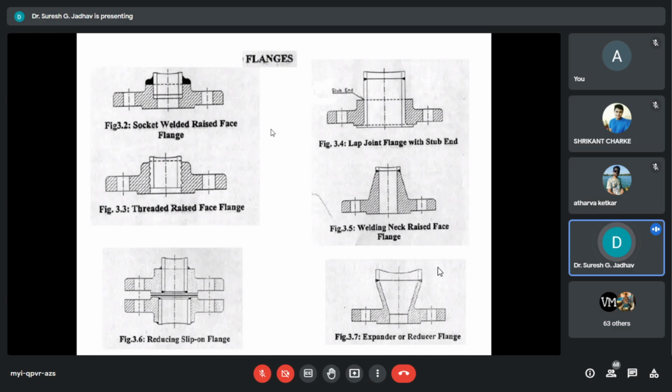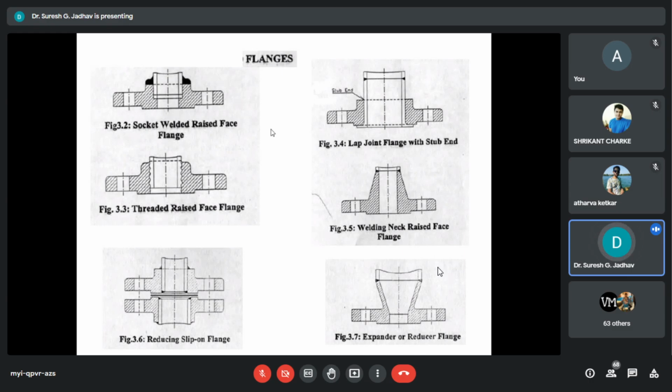Here we can replace a reducer with reducing flanges. In the case of reducing flanges, the thickness of the flange should be that of the higher diameter.